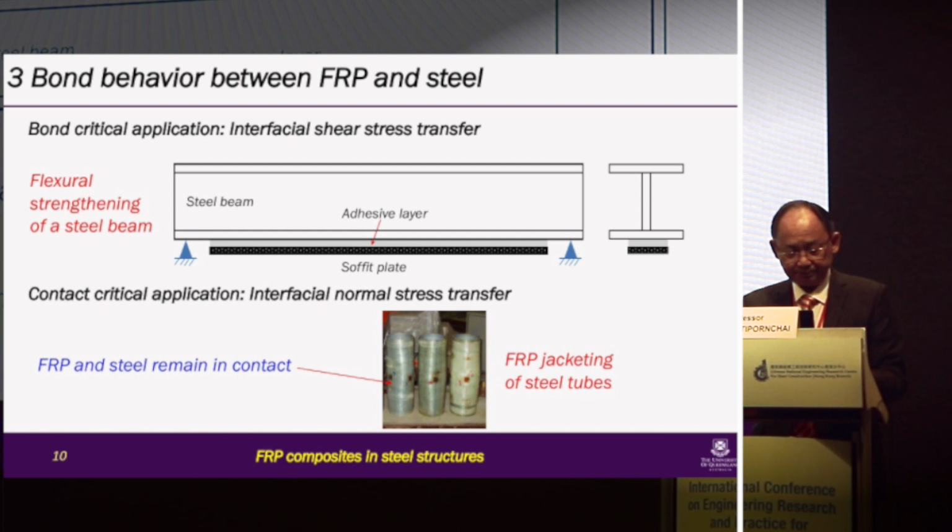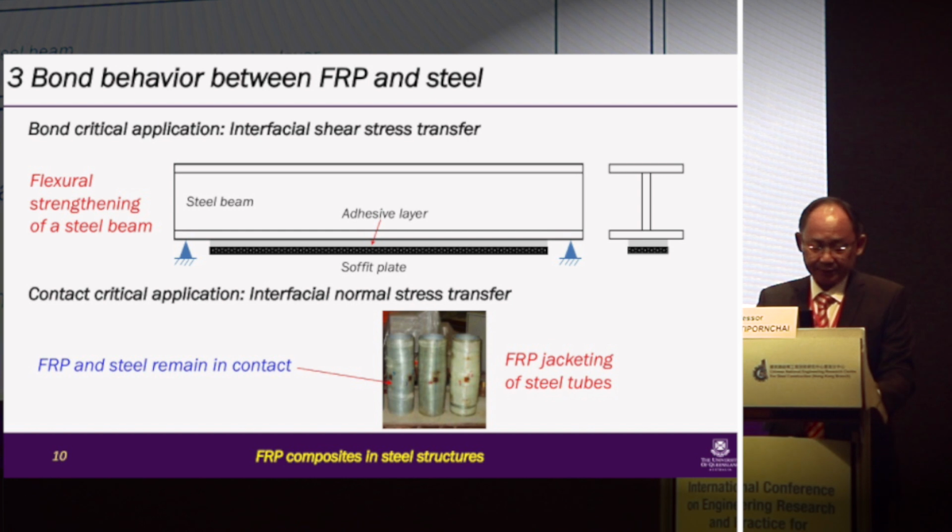Now, in terms of strengthening of steel members using FRP, we can categorize them in terms of the performance of the bond layer. One is the bond critical application, where the performance of the strengthening depends on the interfacial shear stress transfer from the steel beam to the FRP plate through the adhesive layer.